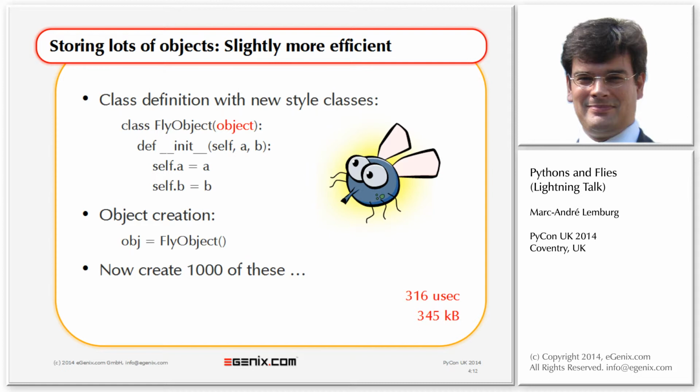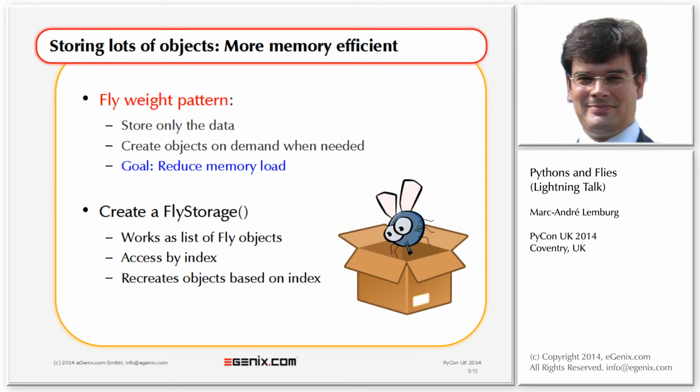And then you can remember your CS course from university, and you can use the flyweight pattern. How many of you know the flyweight pattern? Wow, not a lot. So the idea behind the flyweight pattern is that you try to only store the data that corresponds to your objects, and you don't store anything else of that object.